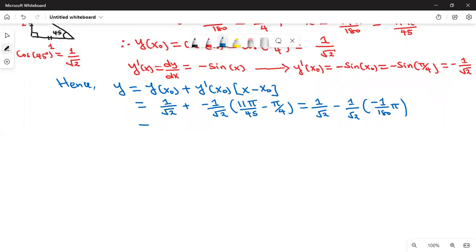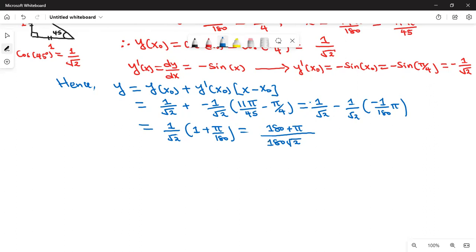And you see 1 over root 2 is common. You can factor that out. 1 over root 2 into 1 plus pi over 180, which, of course, pi over 180 plus 1 is the same as 180 plus pi over 180. So this is 180 plus pi over 180 root 2.